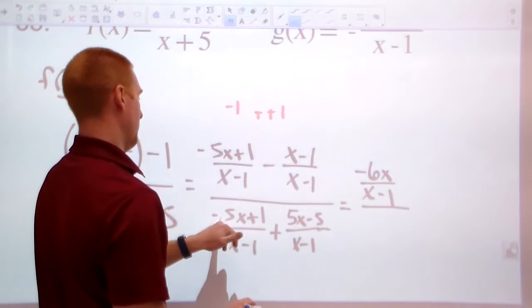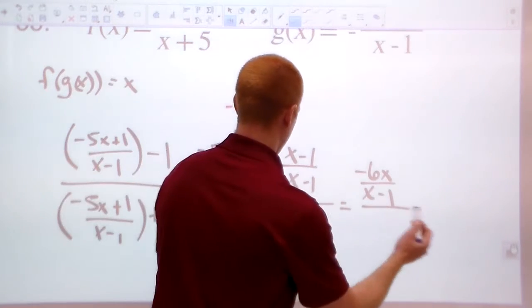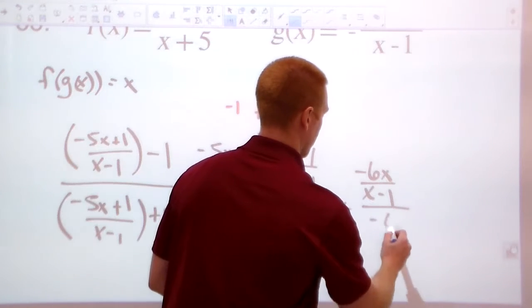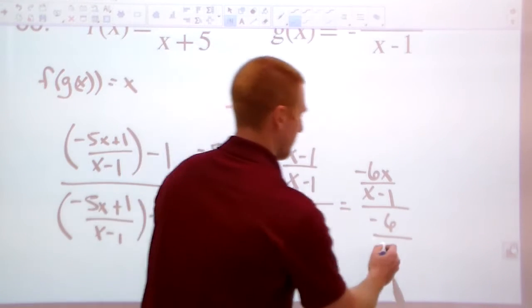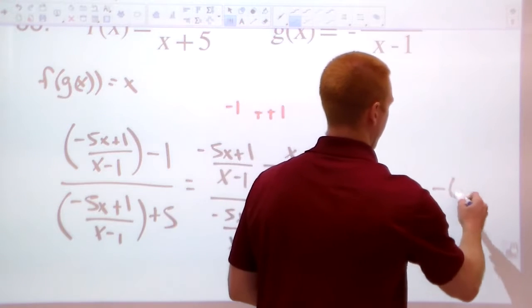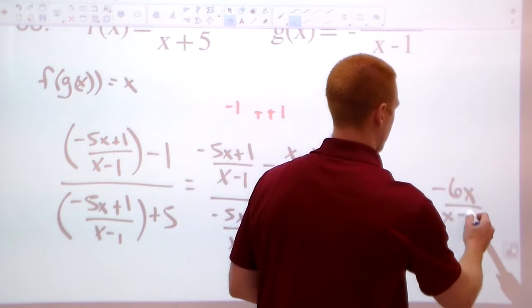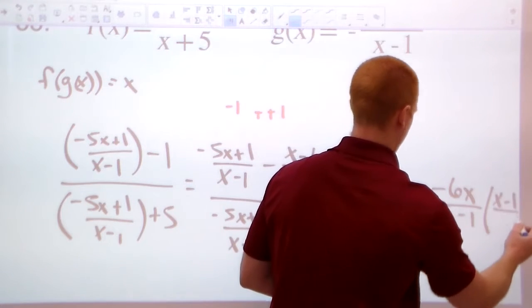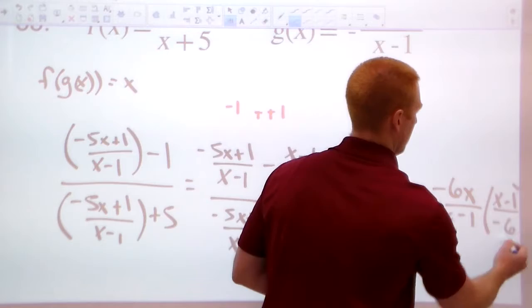On the bottom, we've got negative 5x plus 5x, so the x's are gone. Negative 1 plus negative 5, so negative 6. And both are over x minus 1. Okay, flip and multiply next, so negative 6x over x minus 1 times x minus 1 over negative 6.